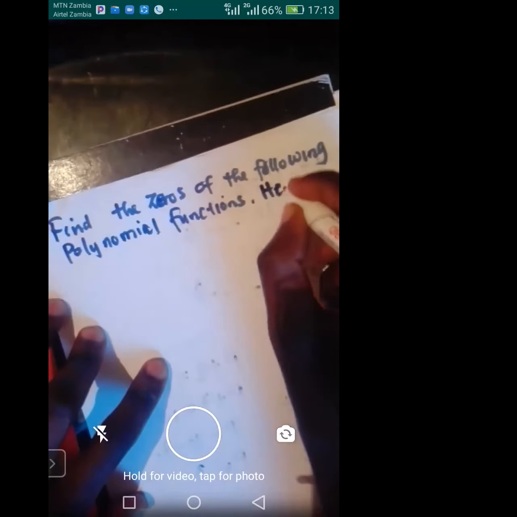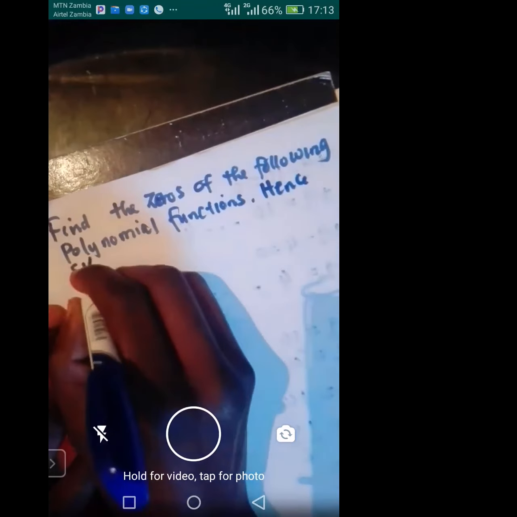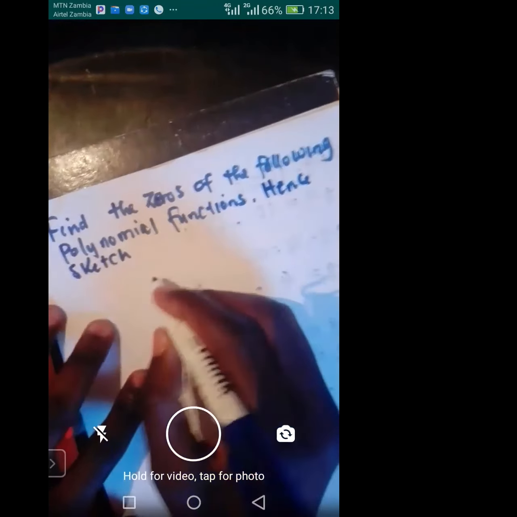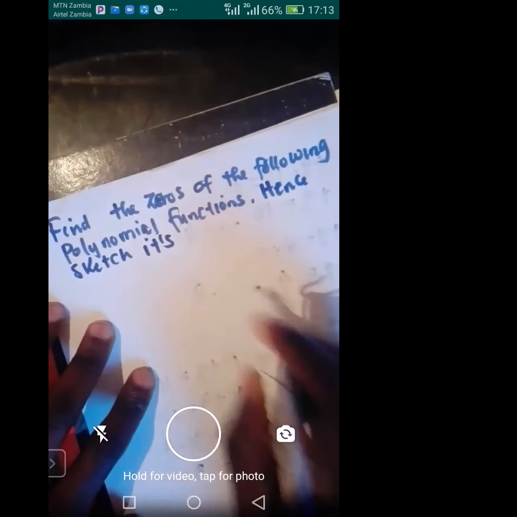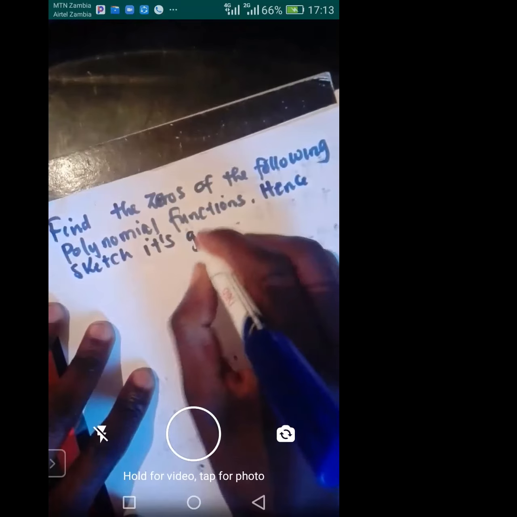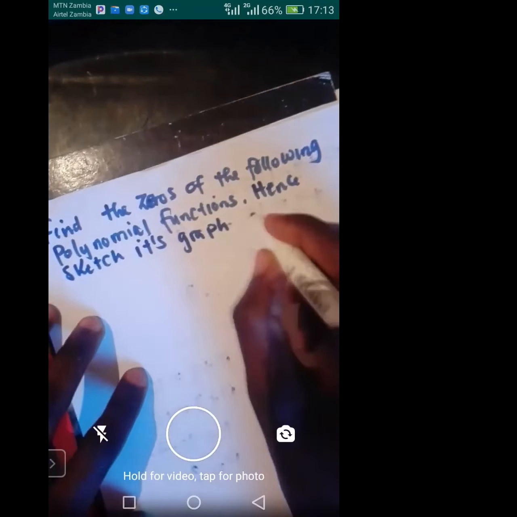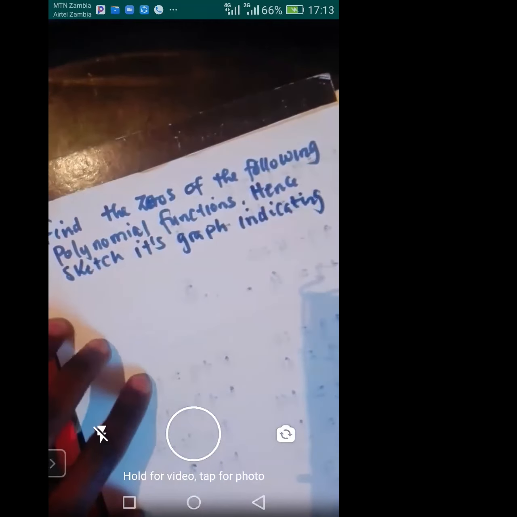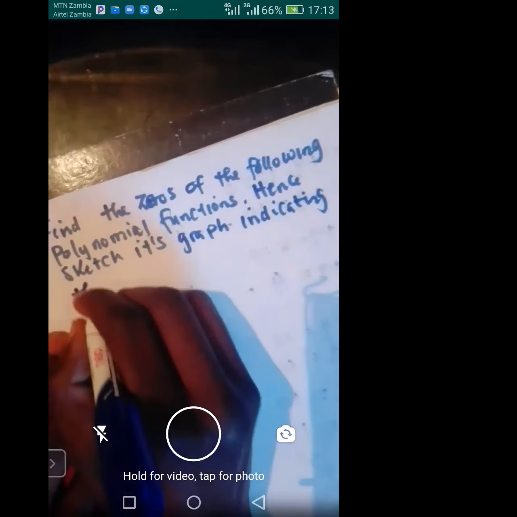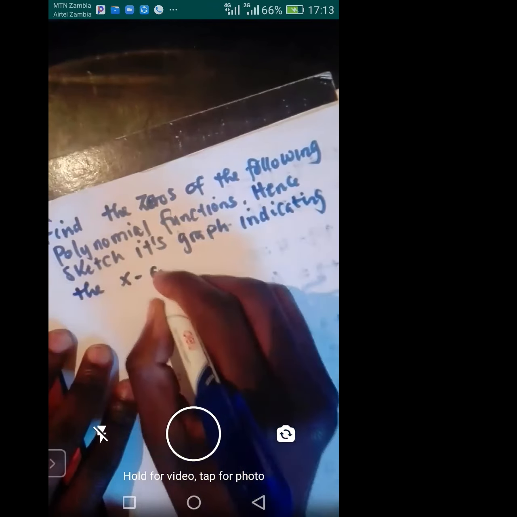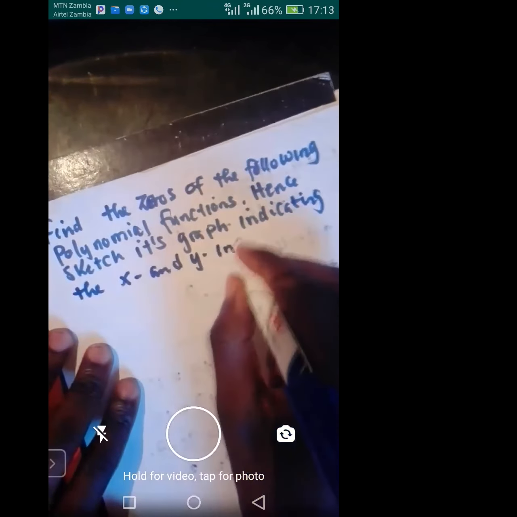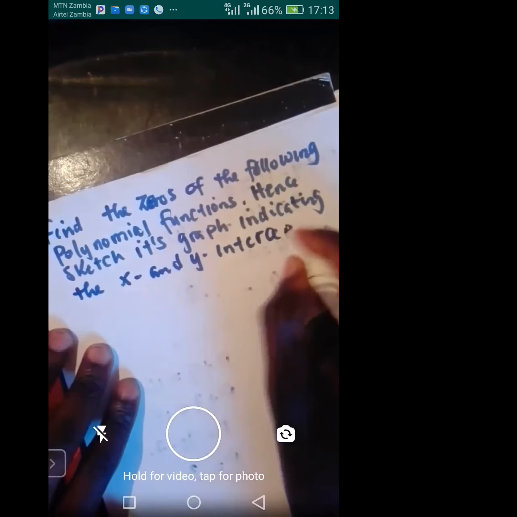Hence sketch its graph, indicating the x and y intercepts. So that's the question that you're going to do.